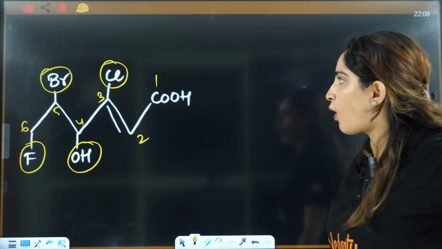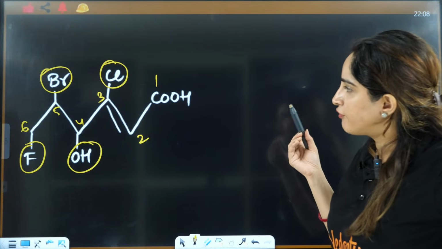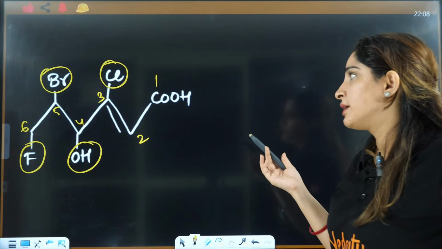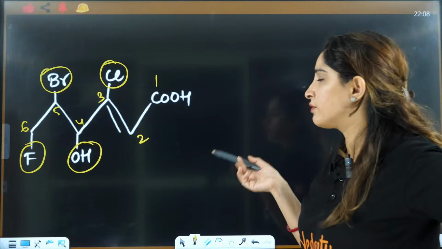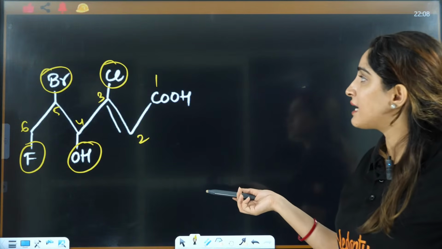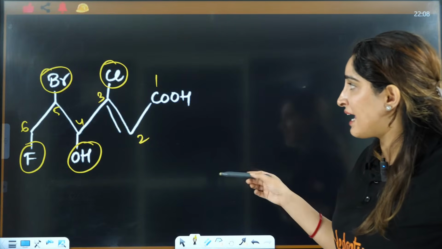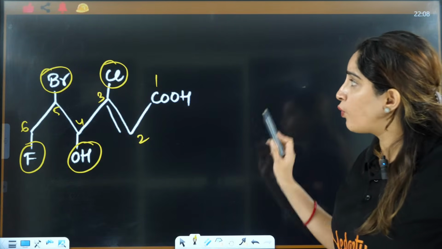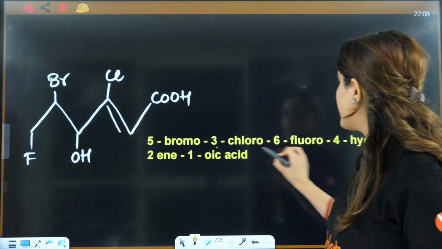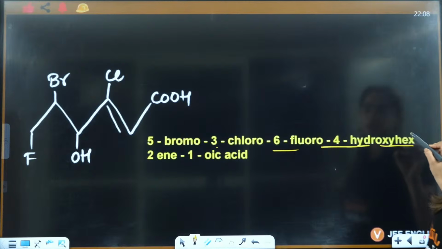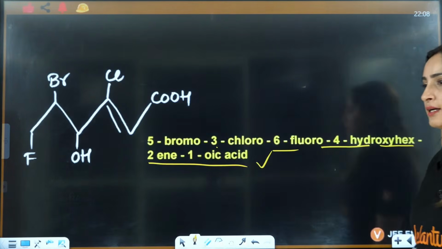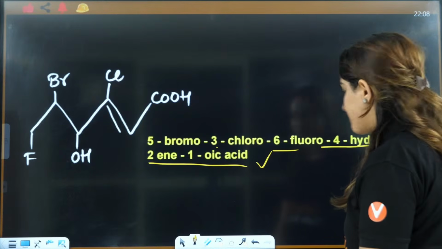Firstly you will have 5 bromo, 3 chloro, 6 fluoro, 4 hydroxy, and then hexane, 2 ene, 1 oic acid. That's how you're going to write it, right?